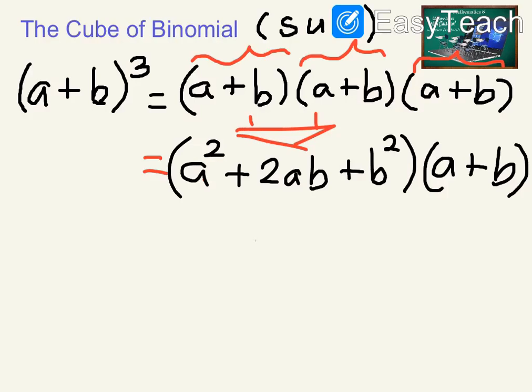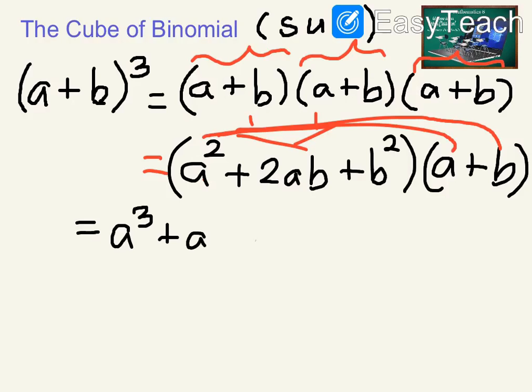So a squared times a is a cubed, so we have a cube as our answer. Next, you multiply a squared times b. Again, our answer is a squared b.